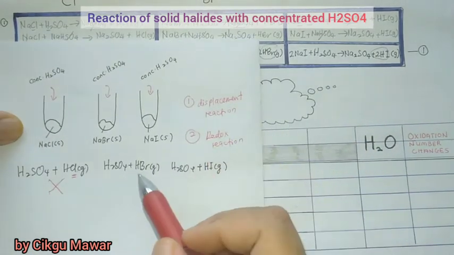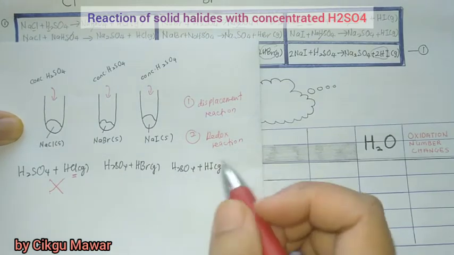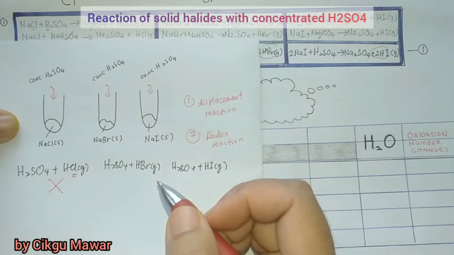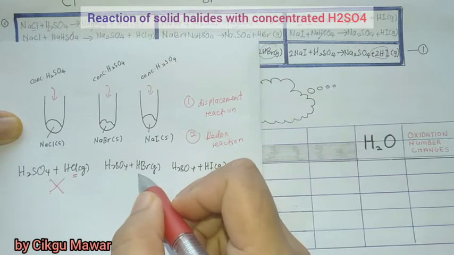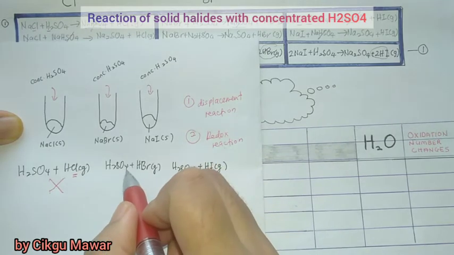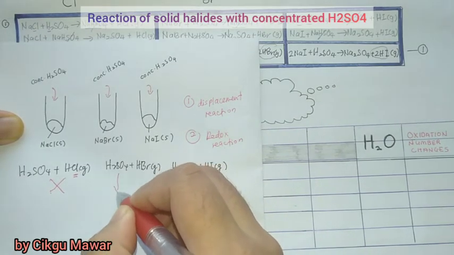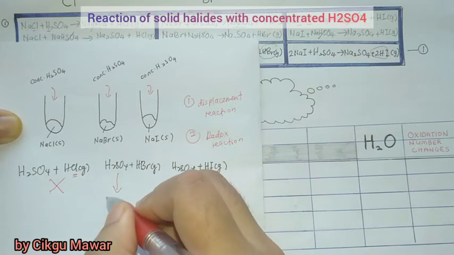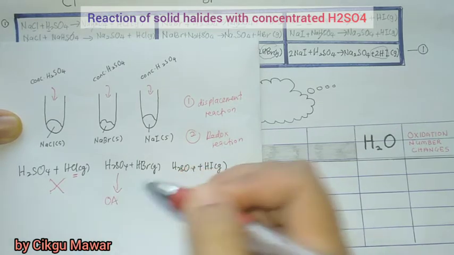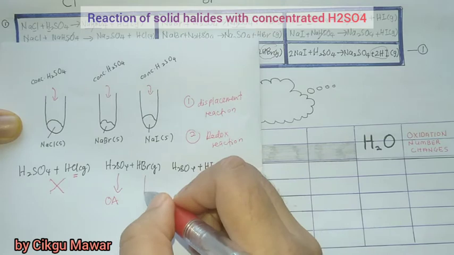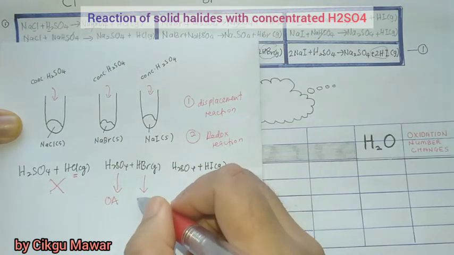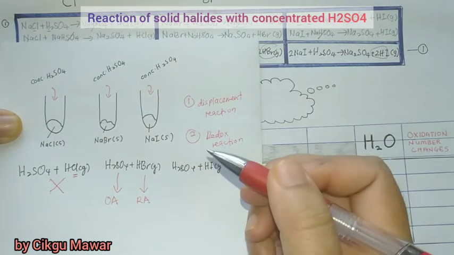But for these two, the reaction will occur. For this reaction, the sulfuric acid will act as the oxidizing agent, while the halide will act as a reducing agent.